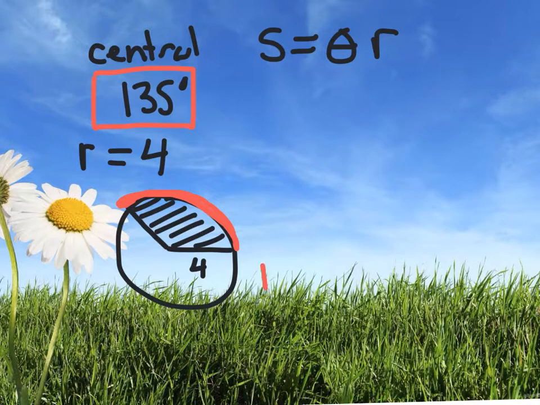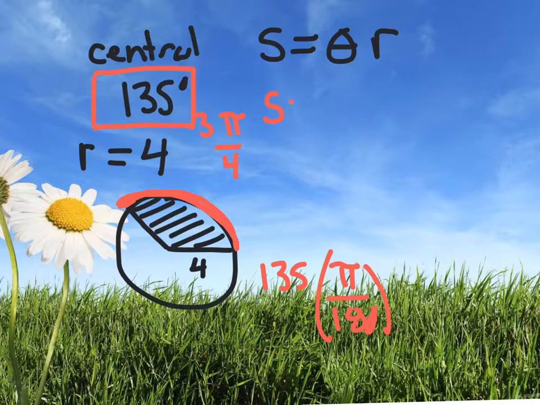into radians. Now, you could do it old school or long school, where you multiply it by pi over 180, and then simplify that. The way I do this is, on ones that I can recognize, pi over 4 happens to be 45 degrees. And three groups of 45 happen to be 135.